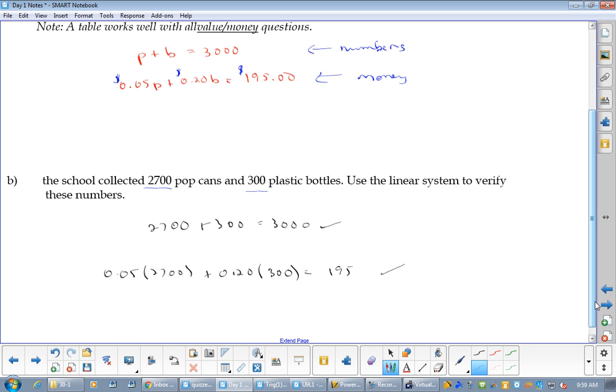So honestly, if you did not take tally of how many junior highs came, but at the end of the day you knew exactly how many people came, and you know how much money you had, you could figure out, people would say there's tons of possibilities, but there's only one. There's only one possibility for the number of people and the money, if you have both of those recorded.